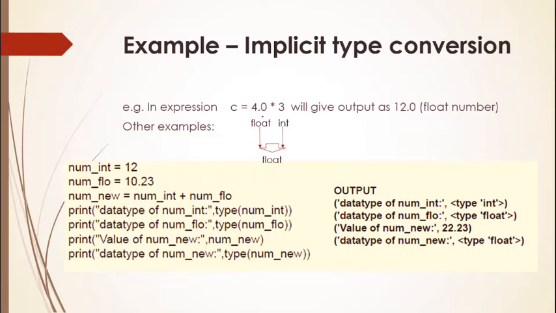What happens? When this float and integer are multiplied, the whole result will become a float value. Here the value is displayed as the float number 12.0. Later we will learn more examples here.